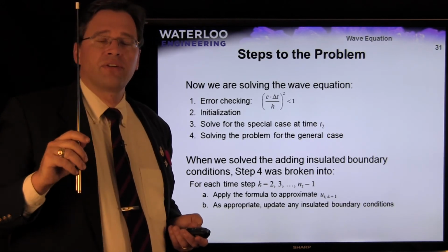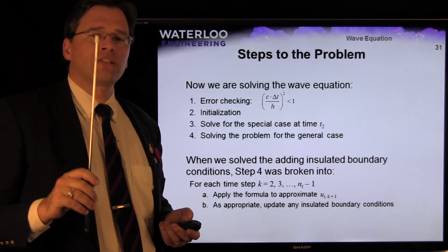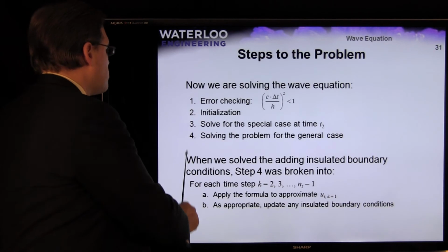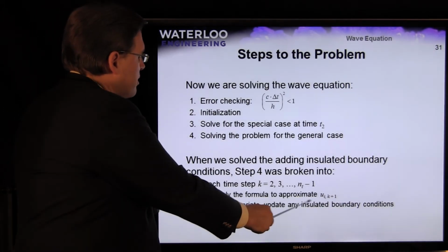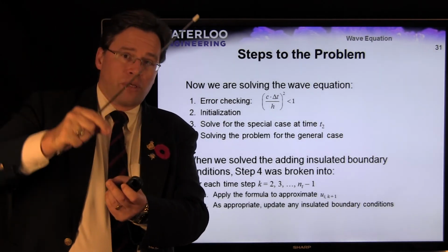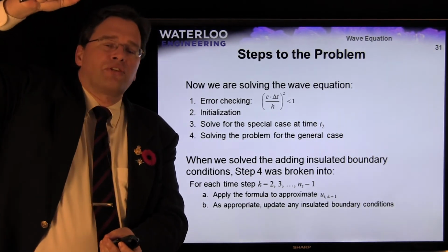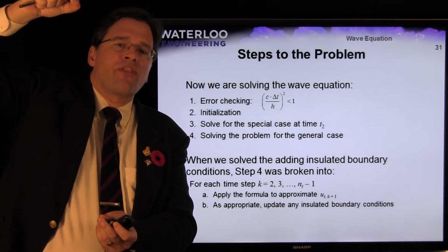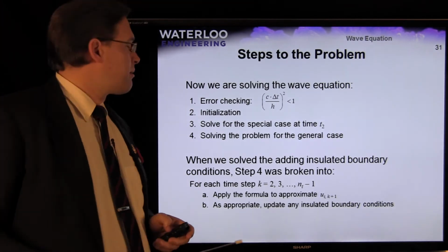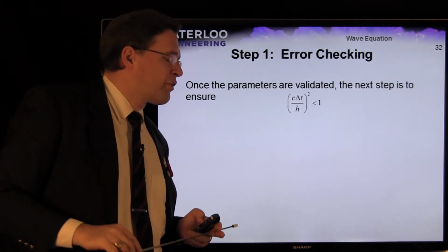Now, if we have, in addition to this, insulated boundary conditions, we have to break step 4 into 2 steps. First, we have to apply the formula to approximate the interior values, but then we may have to update the endpoints or the boundary points based on the fact that they are insulated. And we'll see that in greater detail.